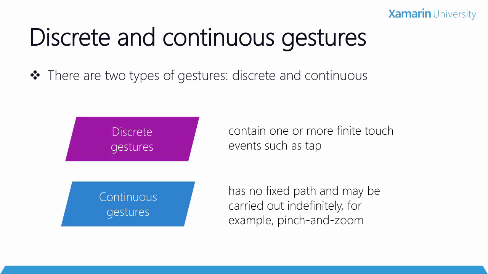So think about rotation, or pan, or pinch. These gestures are continuous. So really, as long as the user is in contact with the screen and moving the appropriate number of fingers, these gestures can be performed basically indefinitely, or till the user's hand gets tired or the battery runs out.